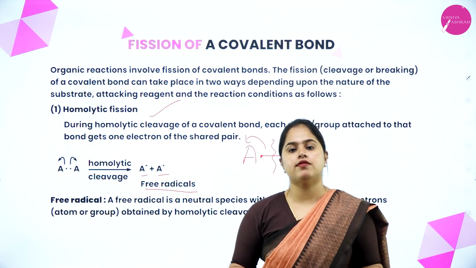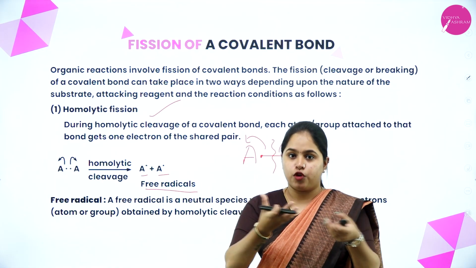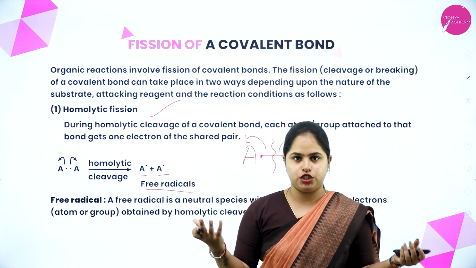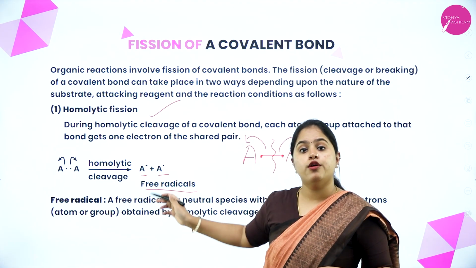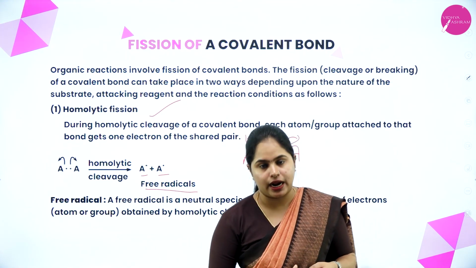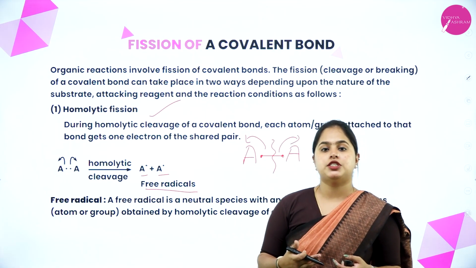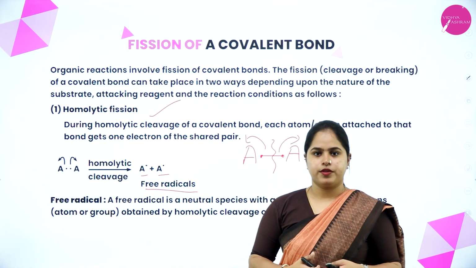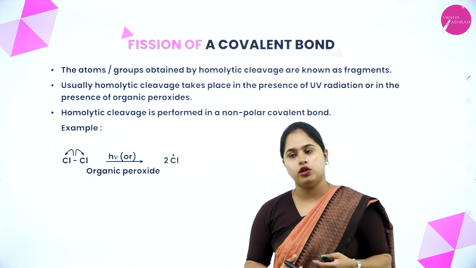When homolytic cleavage happens, one electron from the shared pair is taken by each of them and it forms a free radical. This is what happens in homolytic cleavage.